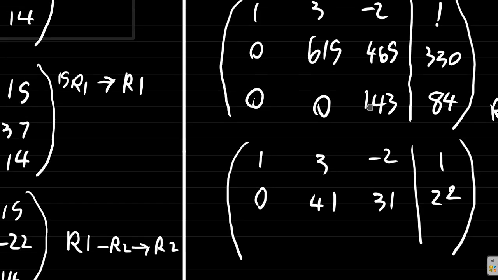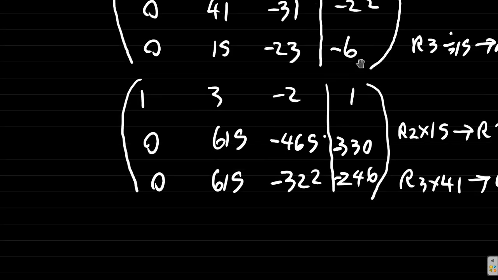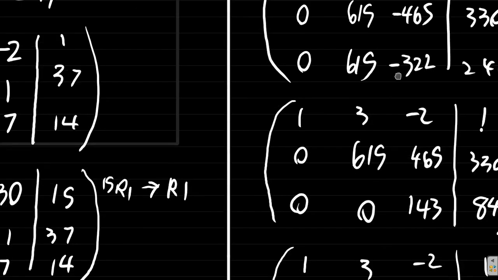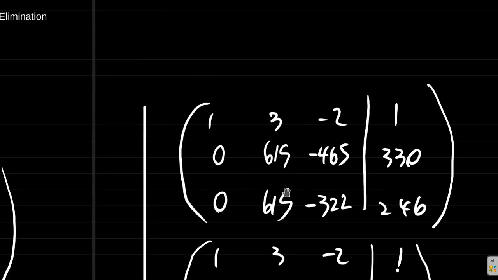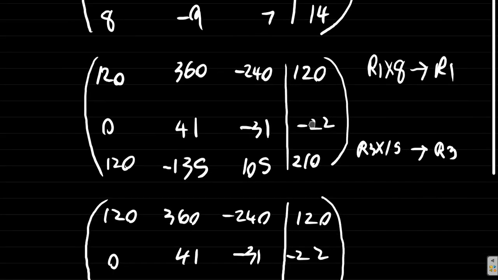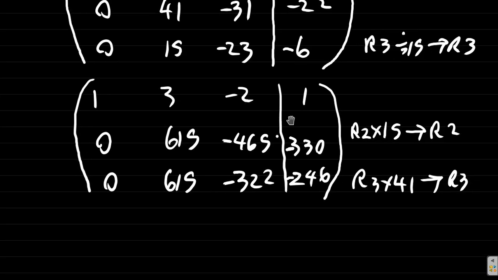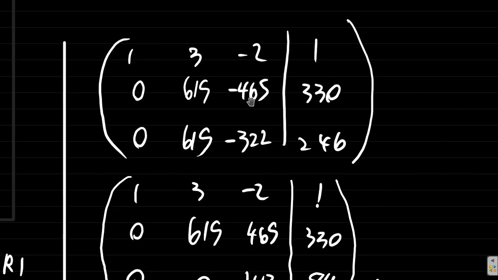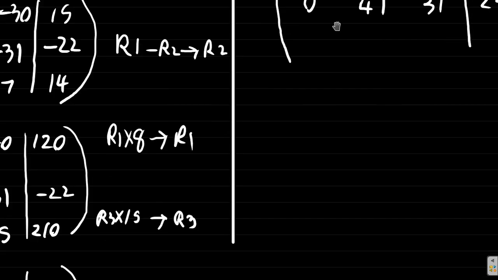So here, this is 1, 3, negative 2 on the left hand side. Then 615, negative 465, negative 330. 615, negative 465, negative 330.